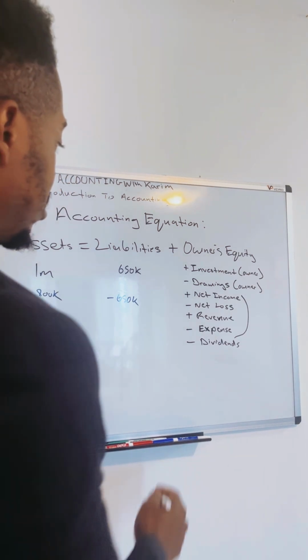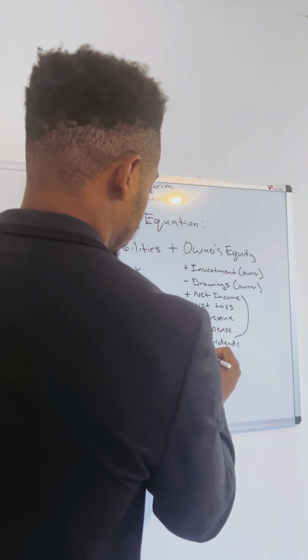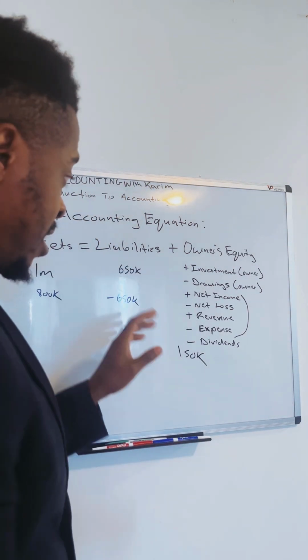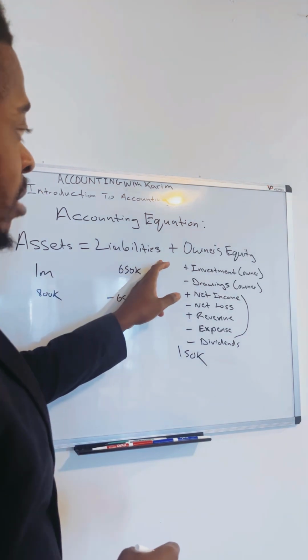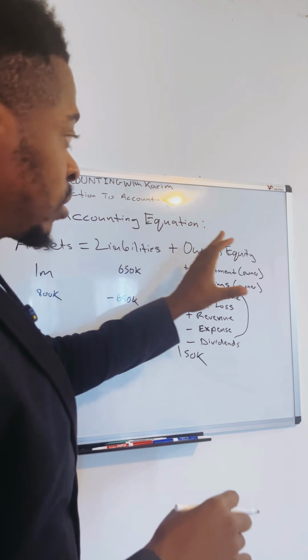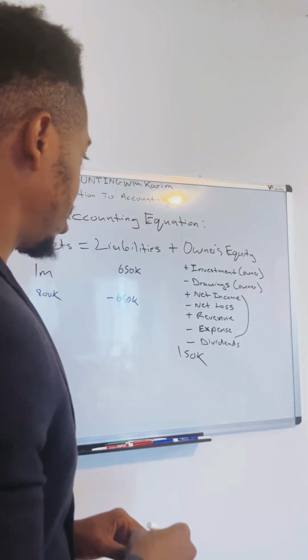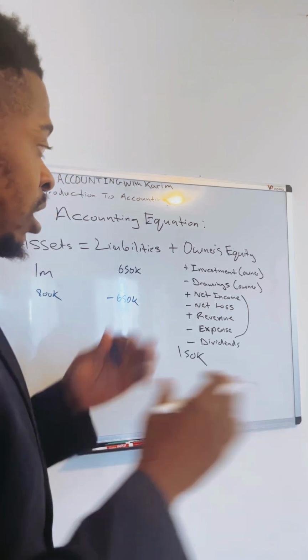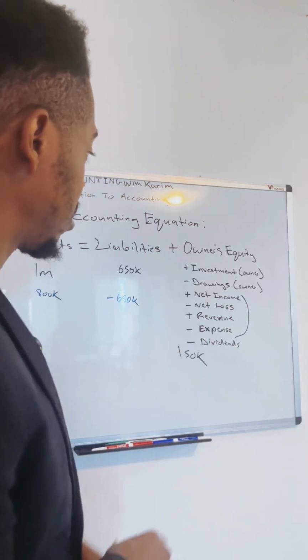So owners will get 150K leftover. So this is the reason why we have assets equal liabilities plus owner's equity, and not assets equal owner's equity plus liability. The equation is very intentional in respect to how the sequence is very intentional.